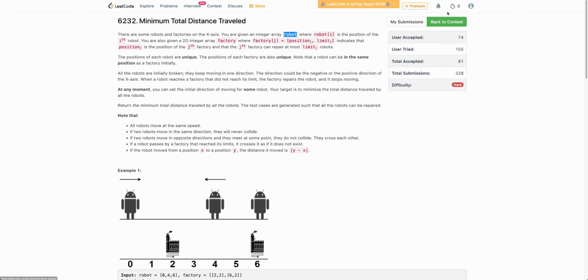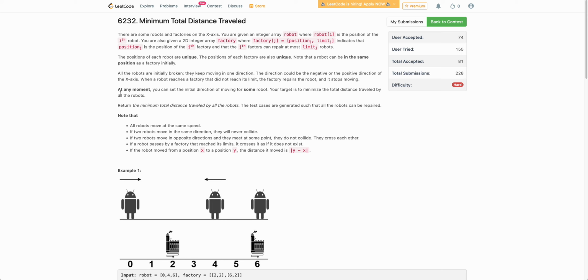The ith position denotes the position of the ith robot. Similarly, you are given some factories. The ith factory denotes the position of the ith factory and how many robots it can repair. Each of these robots needs repairing, so they will get repaired in one of these factories. The positions of each robot are unique and the position of each factory is also unique.